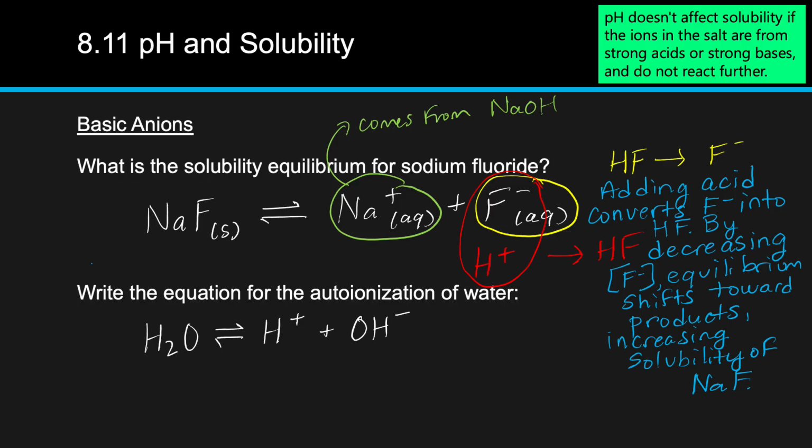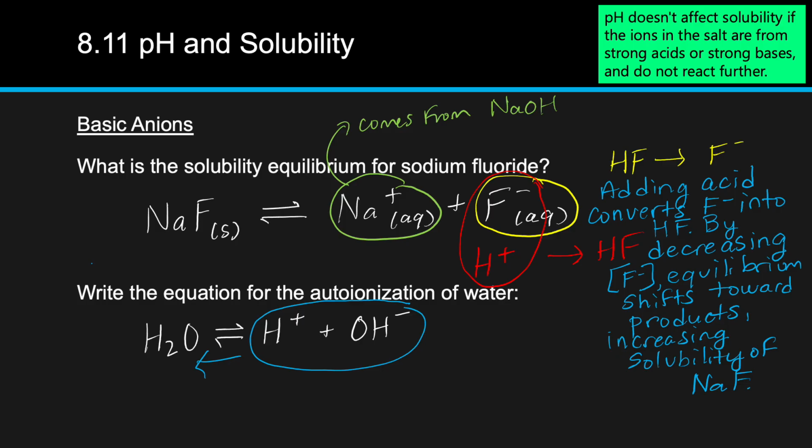Now, if I'm increasing pH, I am introducing hydroxide ions into this solution. And by increasing my hydroxide concentration, I'm going to be consuming H plus ions to form more water.